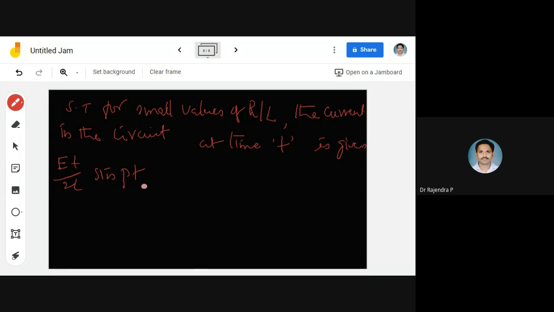So we have to show this particular result with the help of that equation.